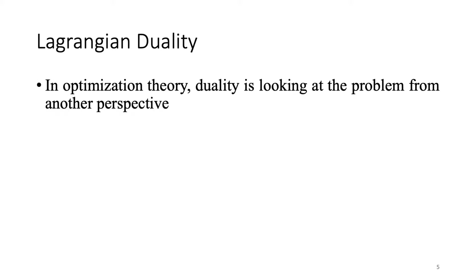So in optimization theory, I'm just going to provide a very short brief on what a Lagrangian duality is. So in optimization theory, duality is just looking at the problem from another perspective, right? So you have a primal problem. That's your first problem, let's call it G, we call it primal.